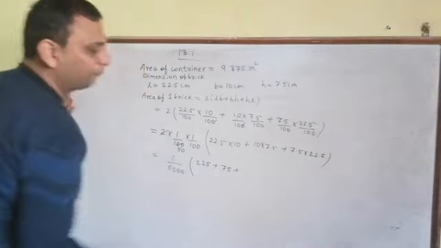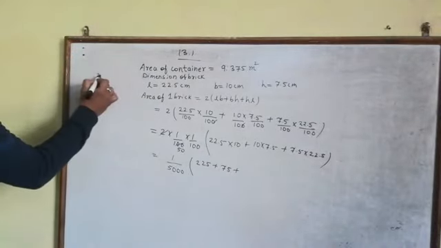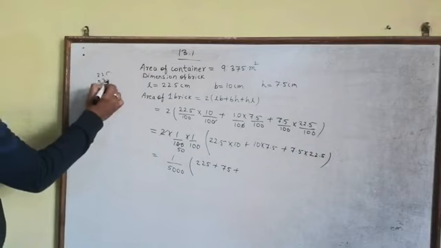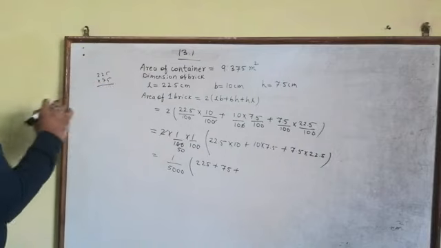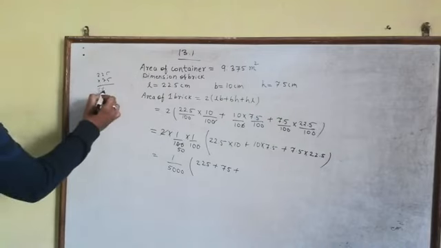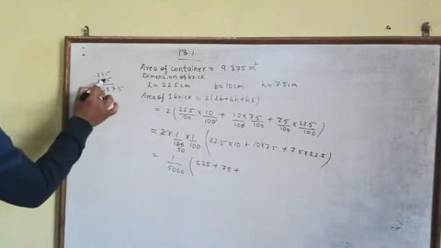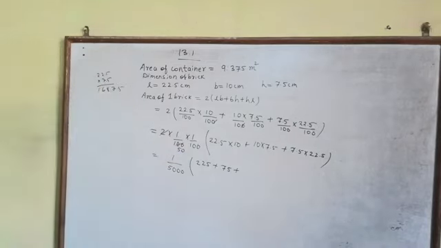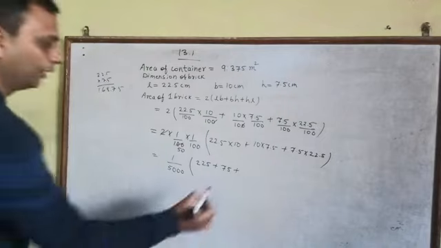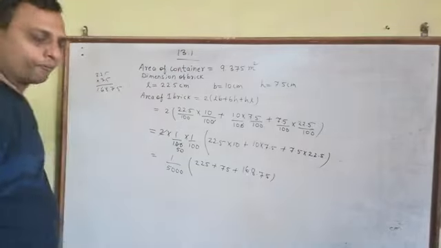And 7.5 multiplied by 22.5: 225 multiplied by 75 is 16875. After how many decimal places? 1 and 1, so 2. So 168.75 is the answer we'll get here.